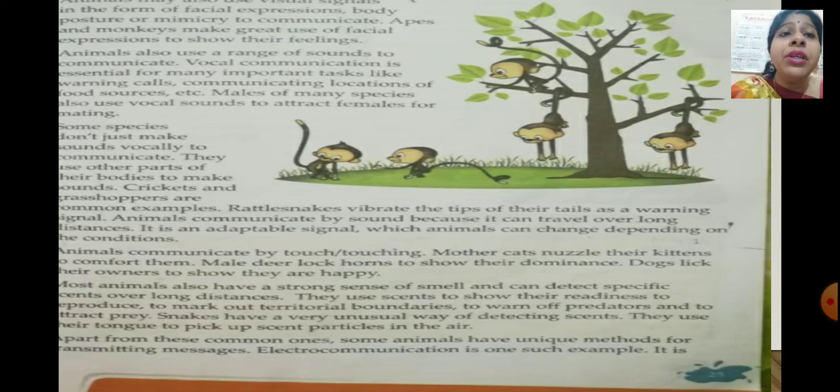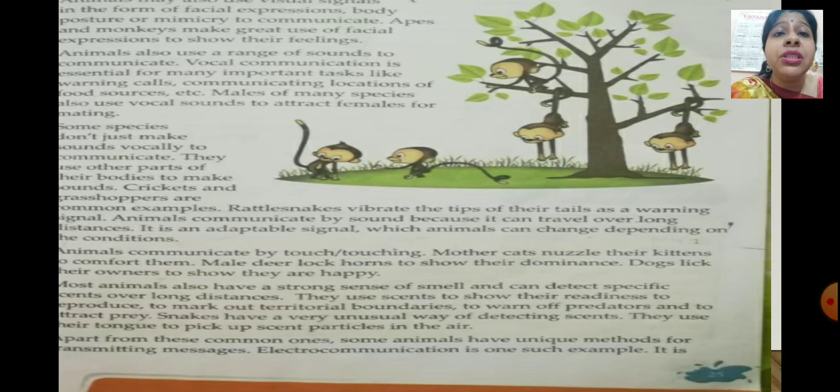Then for communicating locations of food sources, when they find food, in order to inform their friends about the location of the food, they use vocal communication or sounds. Then males of many species also use vocal sounds to attract females for mating. In order to reproduce, the males use vocal sounds for calling the female partners.